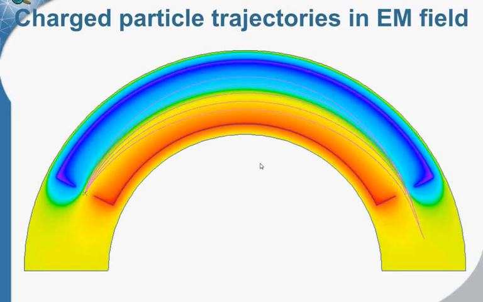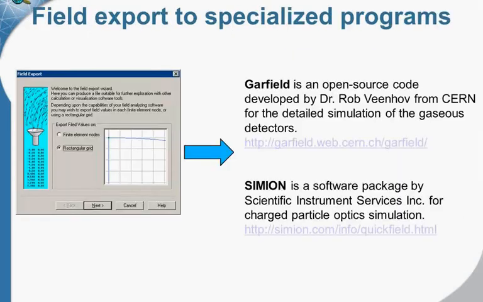But in some cases this is not enough, and you may require some specialized tool to calculate the particle trajectory, extract trajectory parameters, or design some electron-ion optic device.